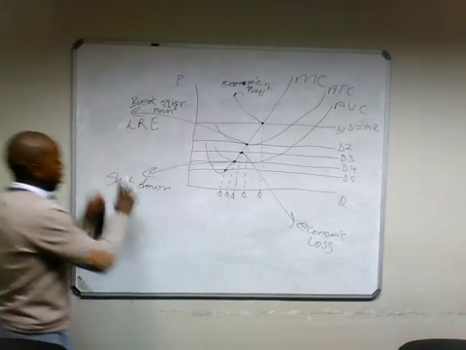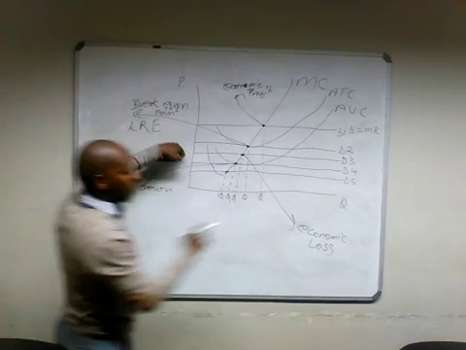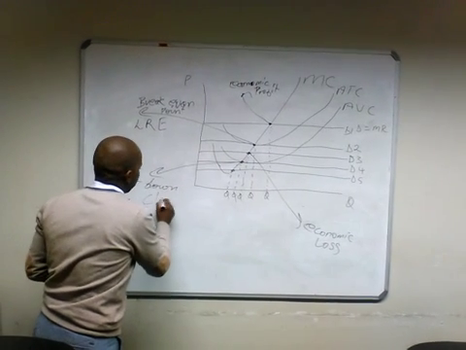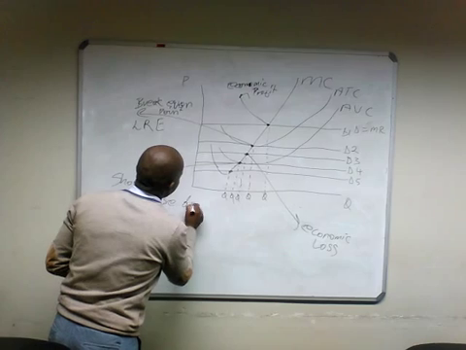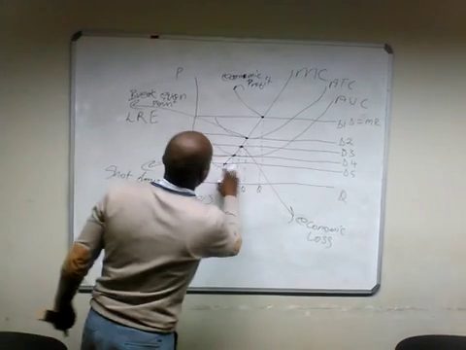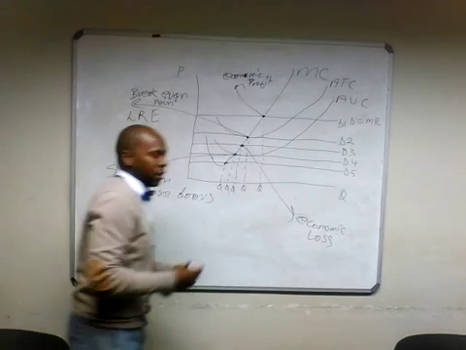These guys should shut down, because if they lose that price, they will have to shut down and close the doors. It's a shutdown, and at D5 they cannot operate anymore.